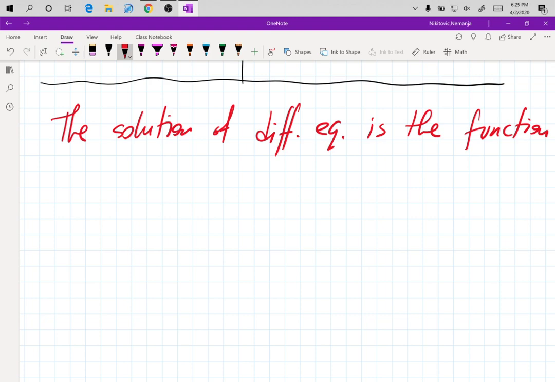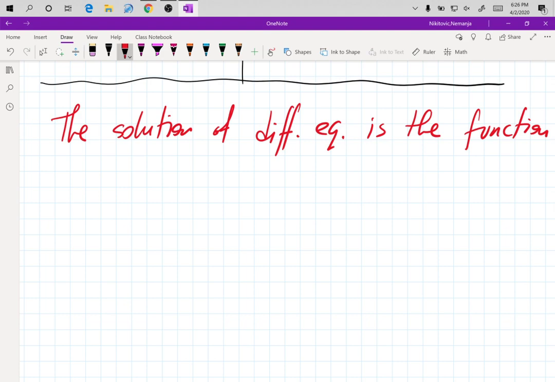So far, every single equation you learned in mathematics up till today, every single equation you ever solved had a number as its solution. x plus 3 equals 5, x equals 2. Okay, move along. e to the x.